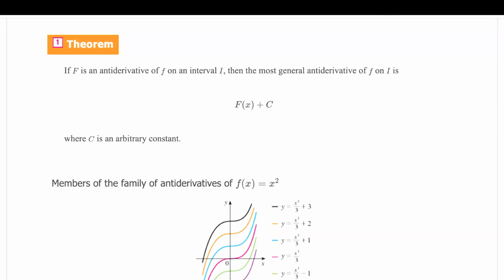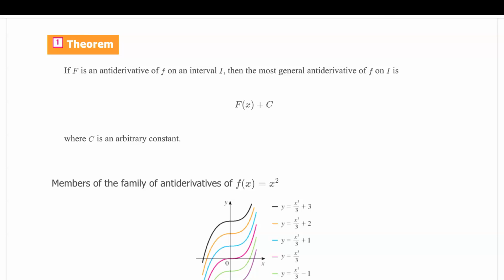Now, there's also this theorem that says if cap F is an antiderivative of little f, then the most general antiderivative is cap F plus C, where C is an arbitrary constant. So here they have a picture of members of what we call the family of antiderivatives. We have antiderivative, uncle derivative, lots of little derivative cousins, right?